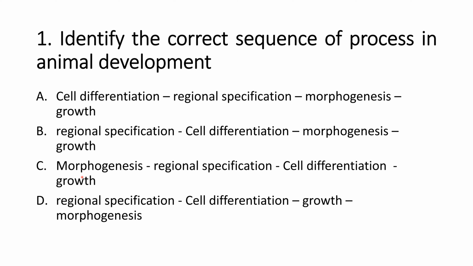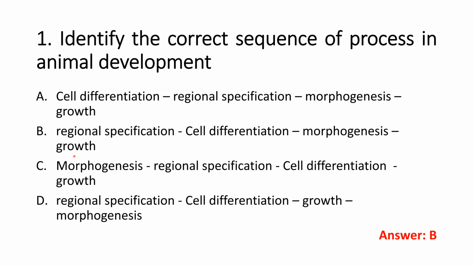Option C, morphogenesis, regional specification, cell differentiation, growth. Option D, regional specification, cell differentiation, growth and morphogenesis. So let's see what the answer is. Answer is B, that is regional specification, cell differentiation, morphogenesis, growth.